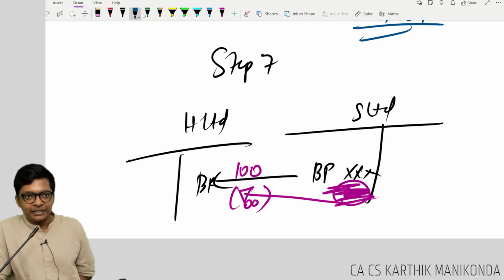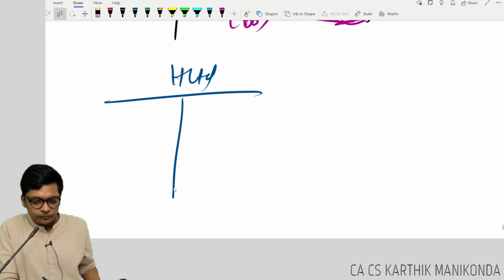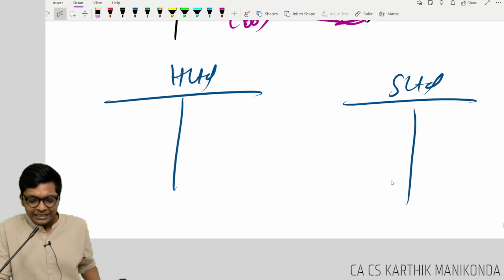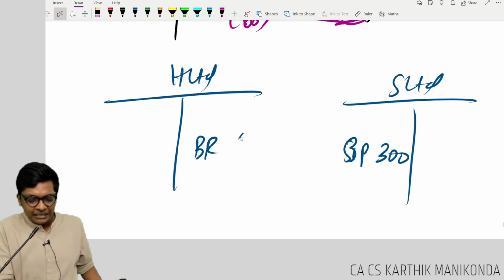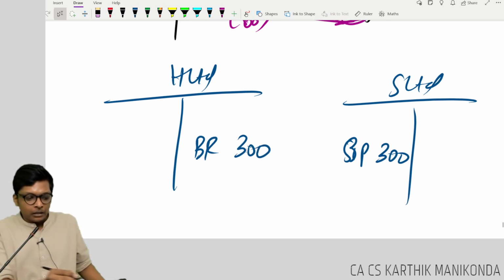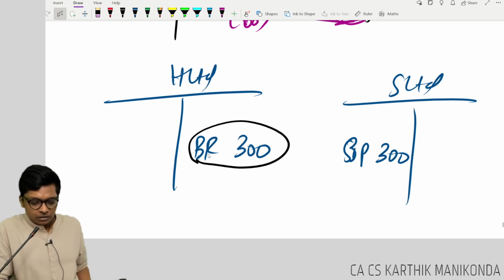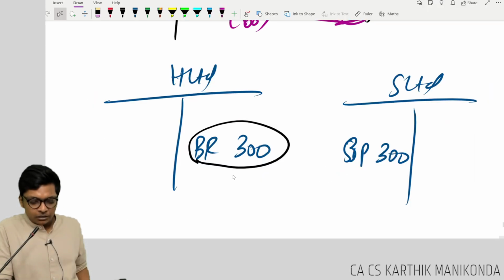What this H Limited did, look at this, I'll explain. H Limited, S Limited. Let's say S Limited's bills payable is 300, guys. Here bills receivable, let's assume it is 300. I will knock off. This is normal transaction. But what H did, except for 45, leave 45, remaining reduce how much? 255.